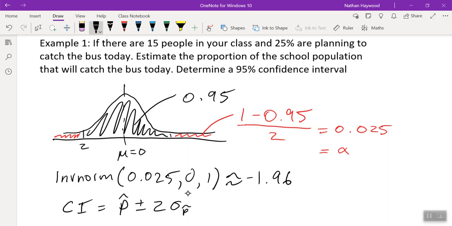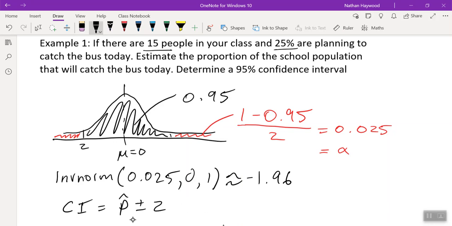Does it tell us the standard deviation of the sample in the question? It tells us the number of people in the sample. It tells us p hat, 25%. Oh, you can calculate it, right? So we need to calculate this thing here, the sample standard deviation.